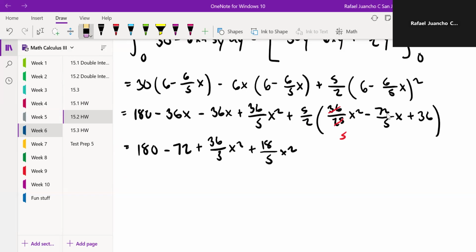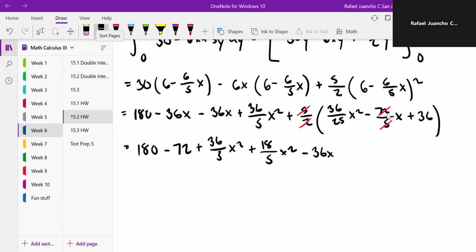Then we try doing the same for the others. Here I can also cancel out my 5. I can cancel out my 2. This becomes 1. 72 divided by 2 becomes 36. I get minus 36x.